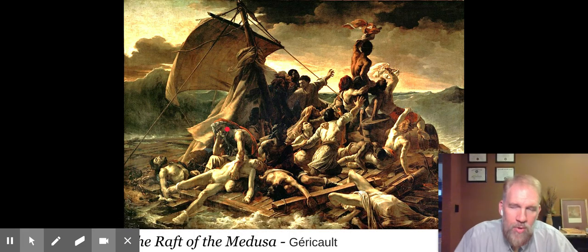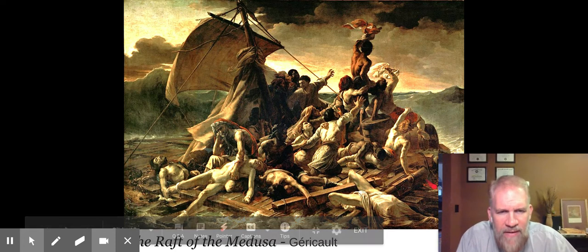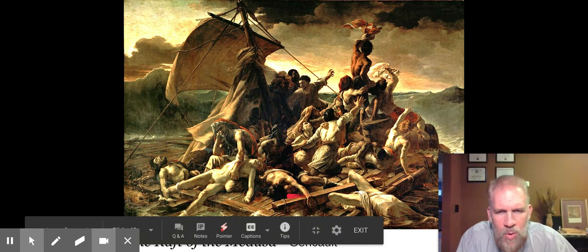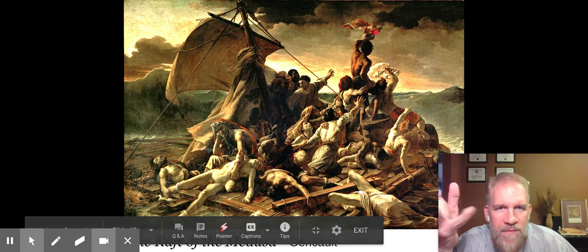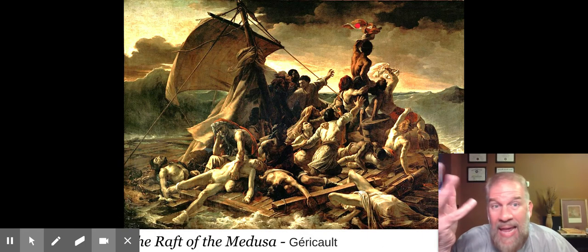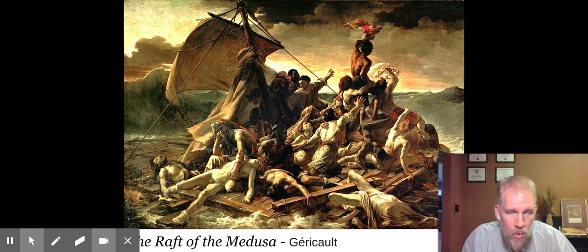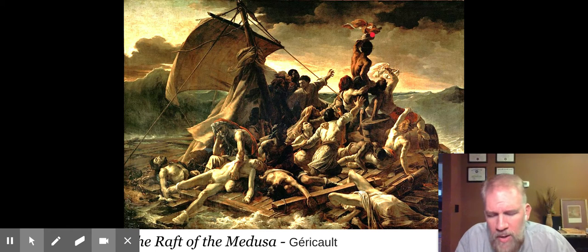So what we're doing now is making guesses based on our observation about what the story is. We can see that this person is waving pieces of fabric, and there are other pieces of fabric that litter the deck. This feels a little flag-like to me. So does it have anything to do with a flag, or is that just his shirt that he's waving there?